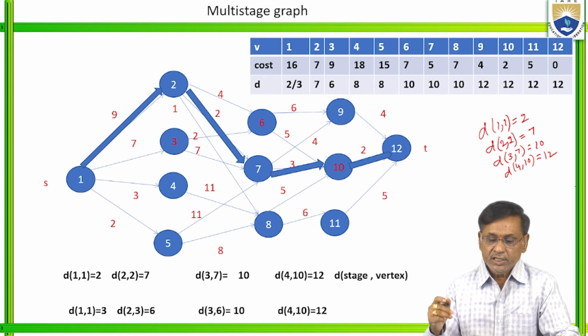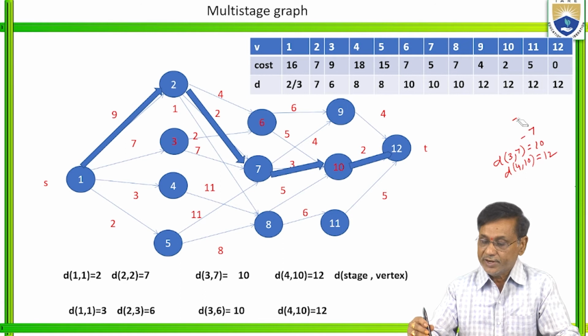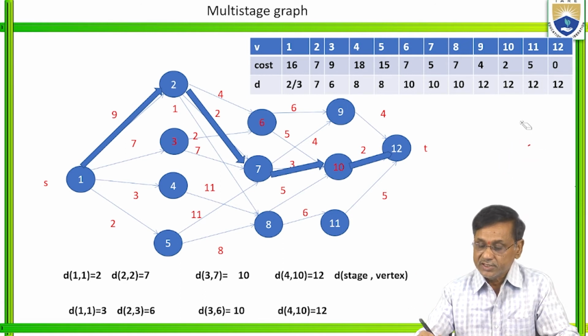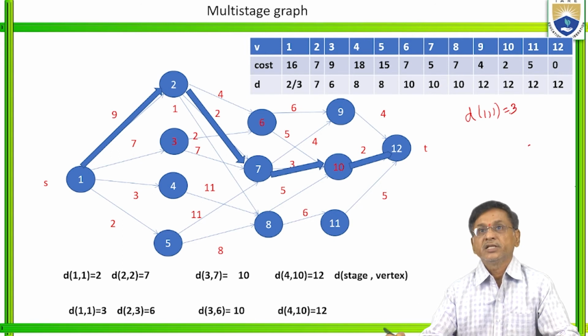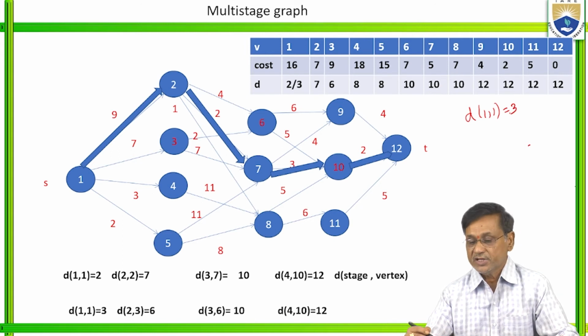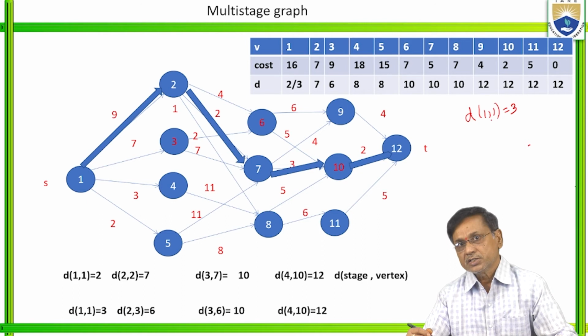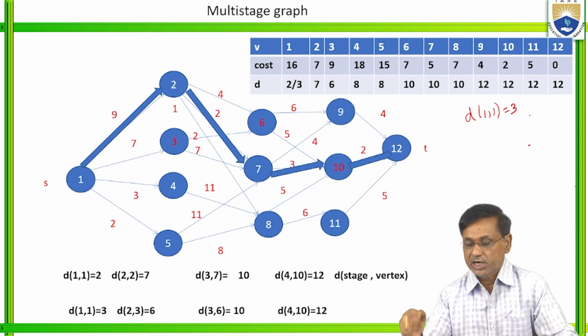If the third vertex is concerned, how to find out the path? If the third vertex is considered, so D of 1 comma 1 is equal to 3. That means we are considering from first vertex to third vertex.